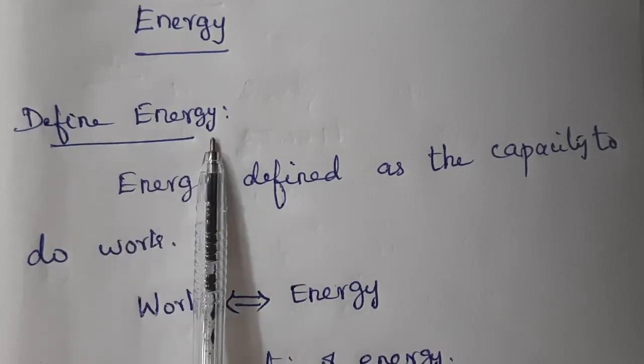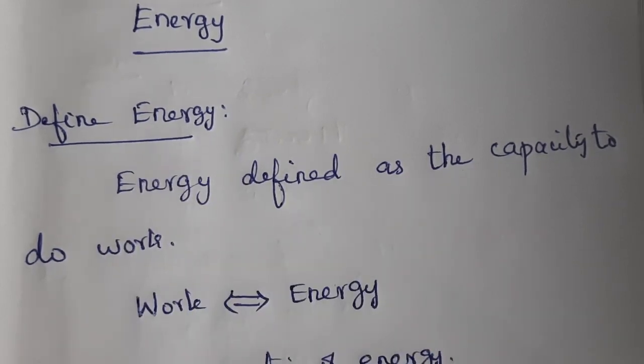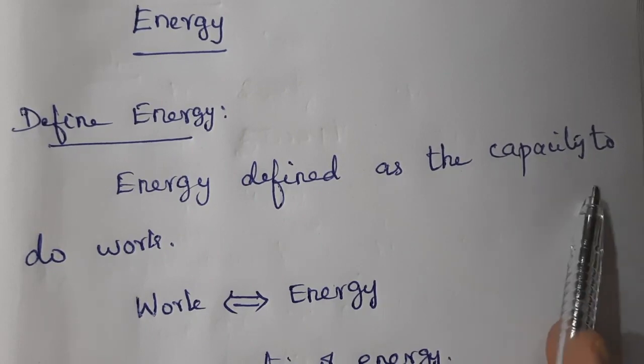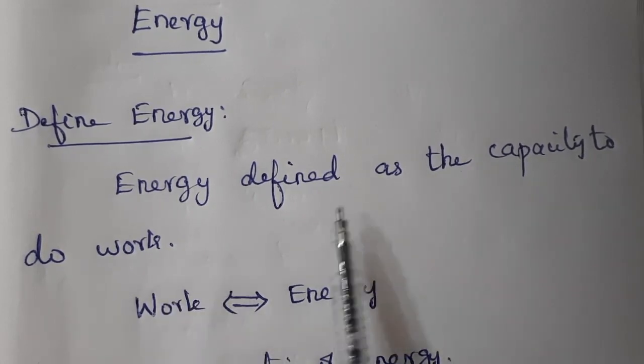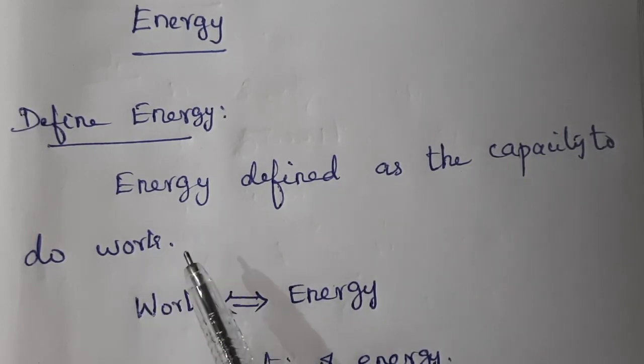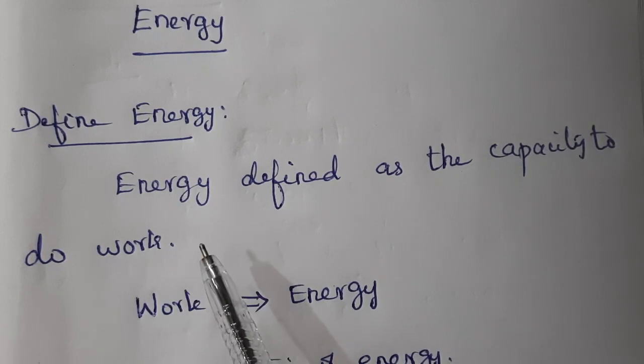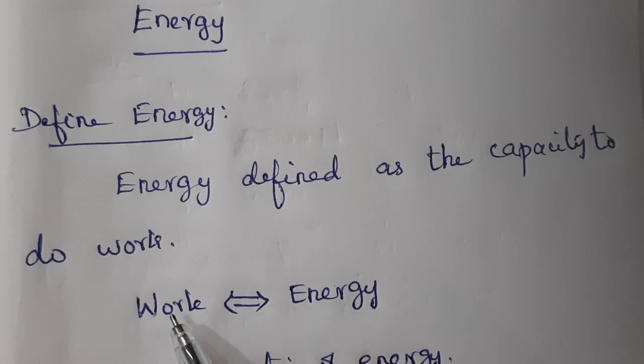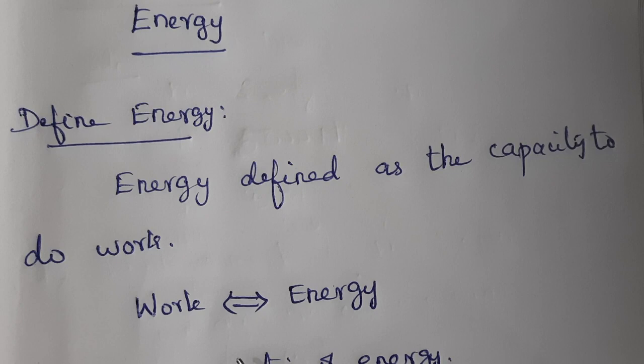Energy is defined as the capacity to do work. Actually, work and energy are equivalents and have the same dimension. That is, work done is the manifestation of energy, or work is equal to energy, or energy is equal to work.